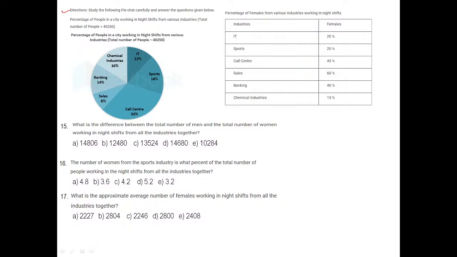Before that, understand one important thing: if there is any vacant place or any missing data given, don't go with solving that part first. First read the question. Whenever you feel that you have to solve that particular vacant place, then solve it, and on the basis of that, if you feel that any other related data you have to solve, only then it is okay.